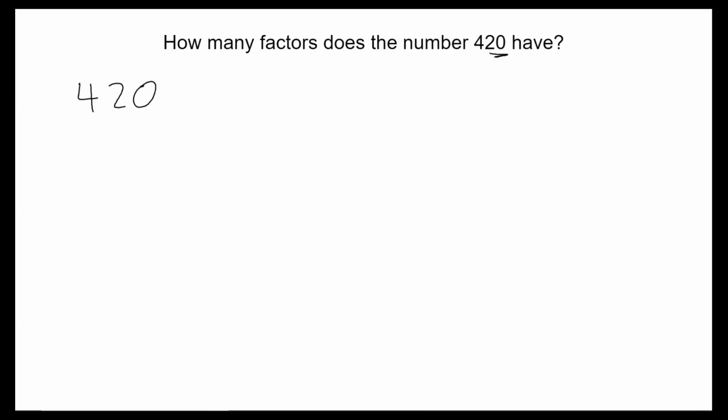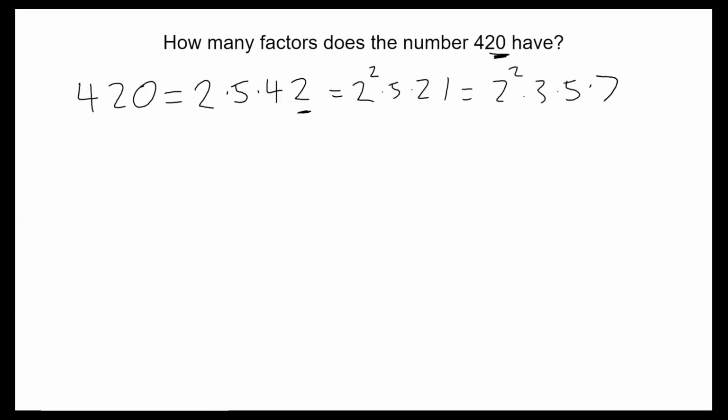In divisibility rules, you learned that anything that ends in a 0 actually has a factor of 10, and 10 can be written as 2 times 5. So 42 ends in a 2. Well, you could do this several ways, but let's just say for now it ends in 2, so you can take a 2 out. 2 squared times 5 times 21. 21 is 3 times 7, so that is equal to 2 squared times 3 times 5 times 7.